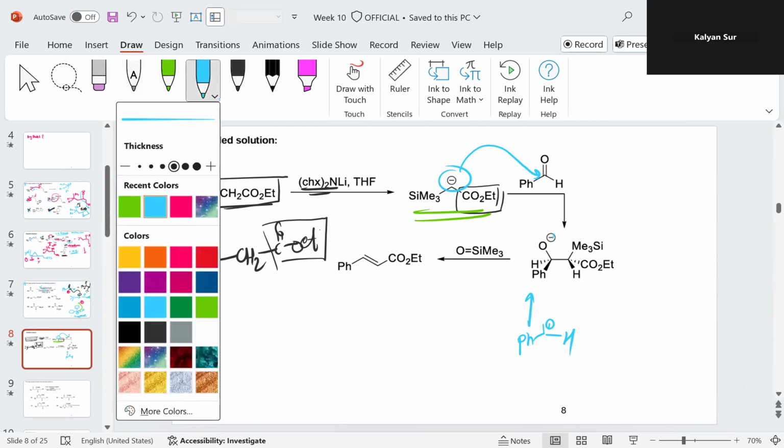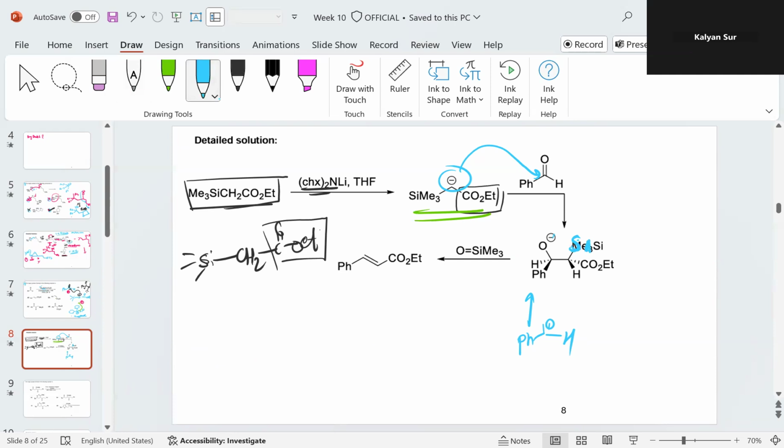So it should be SiMe3, right? So this O negative attacks this Si, and once it attacks the Si, it will form the negative charge on this carbon, and again once this forms the bond here, this O again gets eliminated.